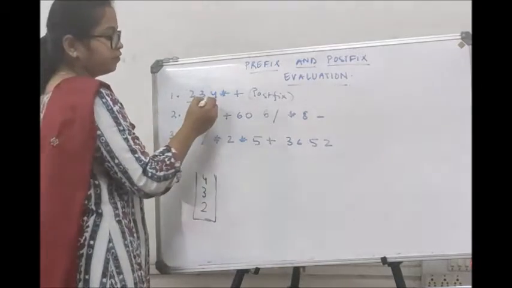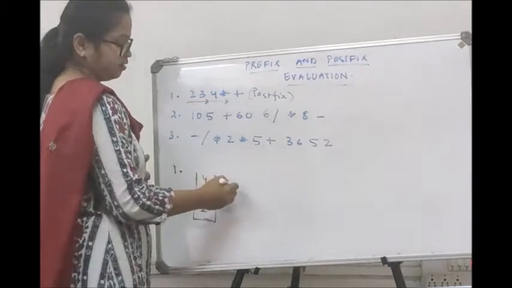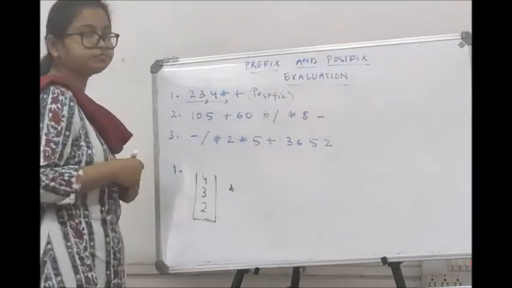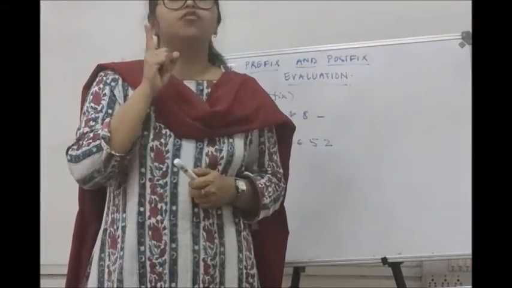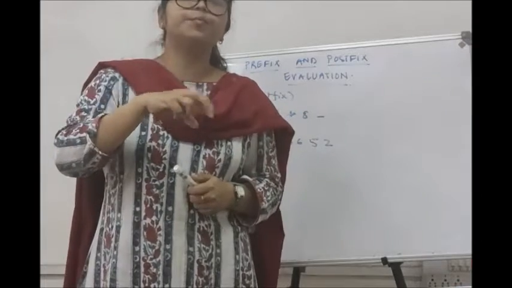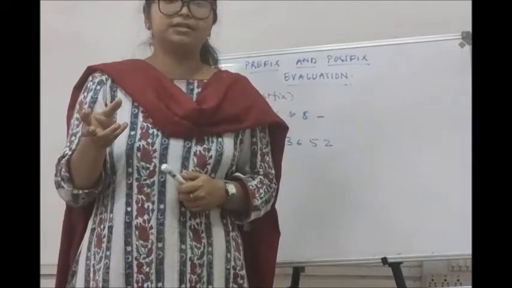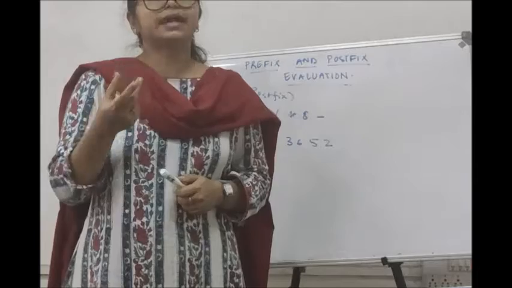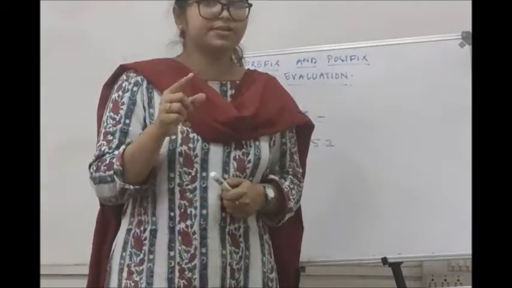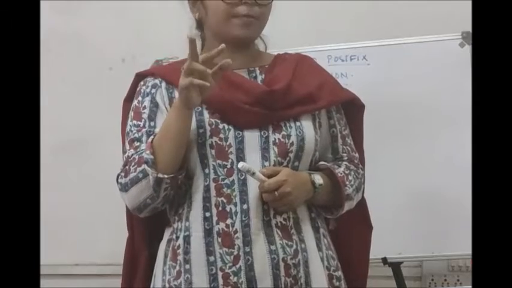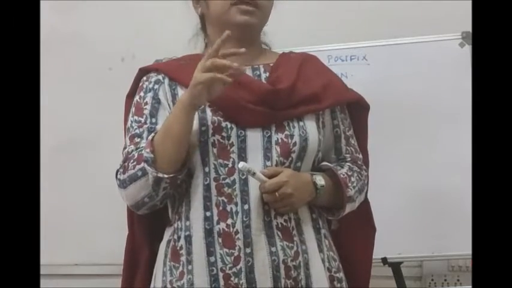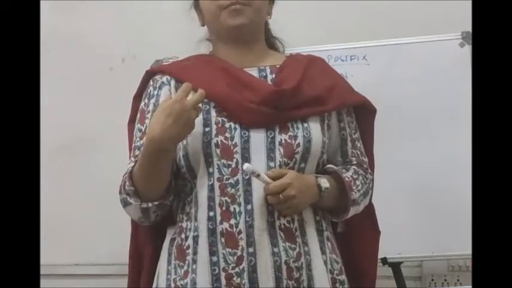Now we get an operator, star. Whenever we come across an operator, we pop the operands depending on the type of operator. If it's a binary operator, requiring 2 operands for its operation, then we pop 2 operands.